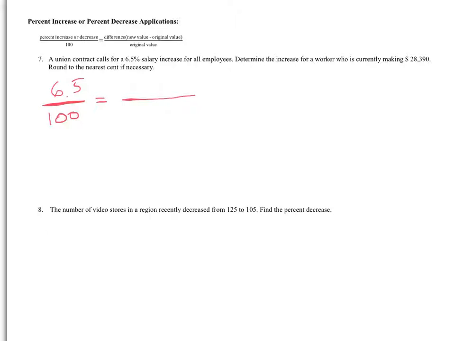The only issue here is that we don't know what the new value is. We don't know what the increase is, we don't know what the new value is. So for this problem, what I'm going to do for my variable is I'm going to say let x equal, not the new value or the original value, but I'm going to let x equal the difference.